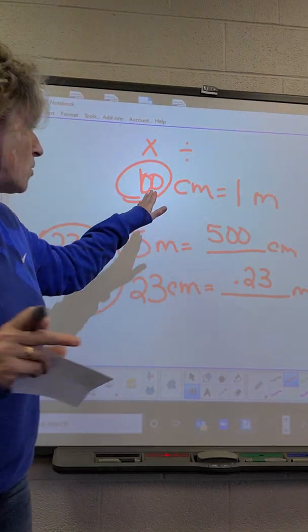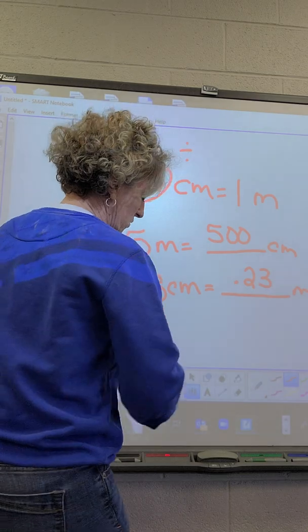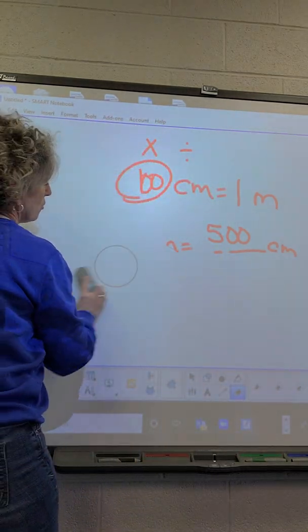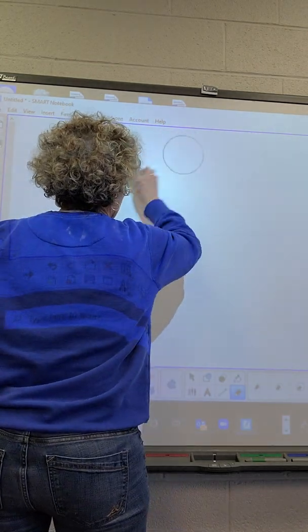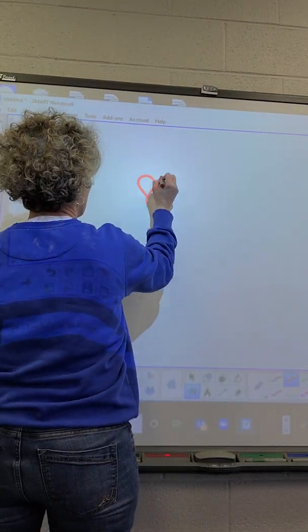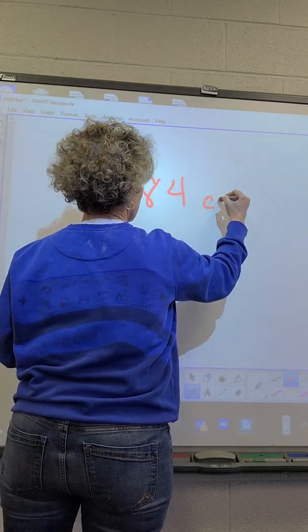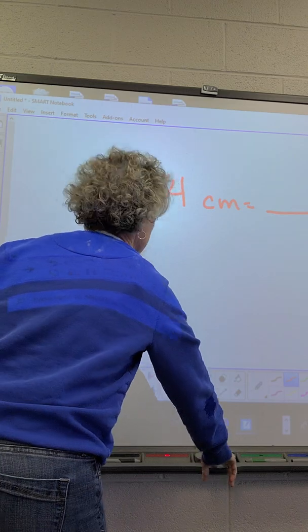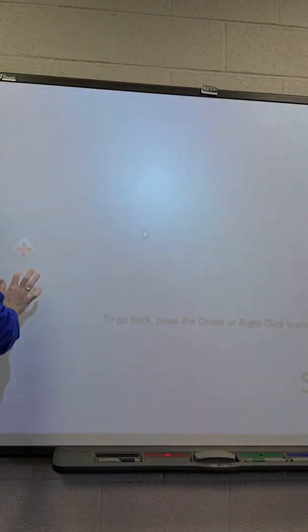So let's look at another one like that. To me, the ones that you're multiplying are super easy. You guys know how to multiply by 100. You can even do that with a paper and pencil, or you can use your calculator. But when you're dividing by 100, say it says 84 centimeters equals how many meters?